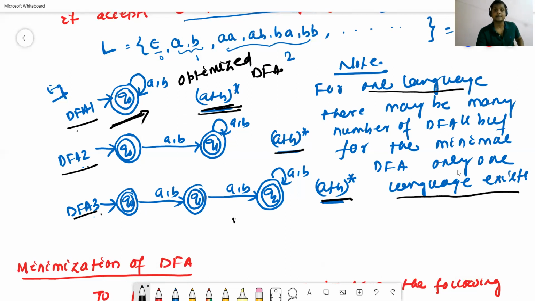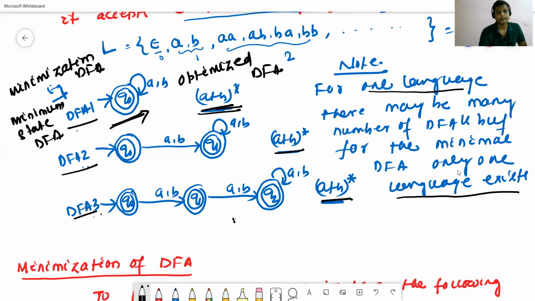Or we can say minimization DFA, or minimum state DFA.